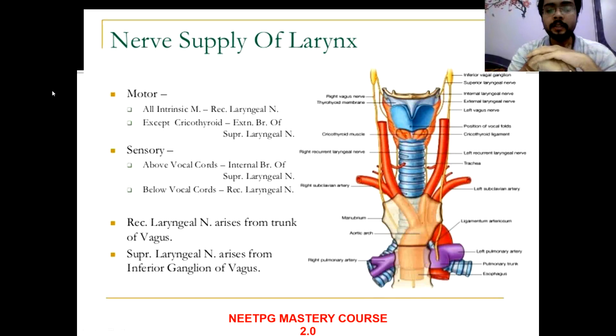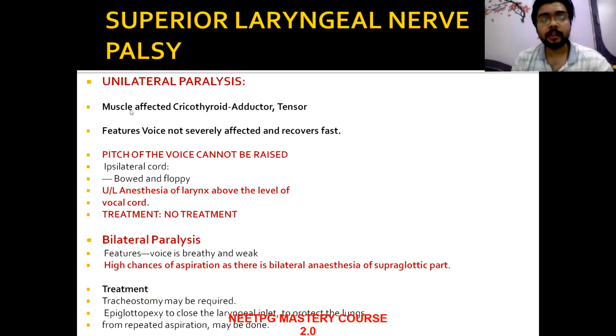Now once we know this, we will have to know the different conditions or the different situations of vocal cord palsy. Now, there are two nerves we told, one is superior laryngeal nerve, one is recurrent laryngeal nerve.